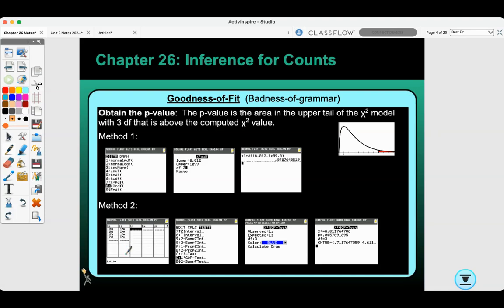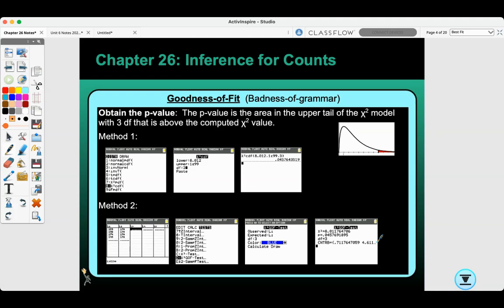Another method is, in list 1, you put your observed values. In list 2, you put your expected values. You can go to stat and choose tests and do the chi-squared goodness of fit test. Your observed values are in list 1, our expected values are in list 2, and we put our degrees of freedom, which is 3. This gives you your chi-squared statistic, your p-value, and your degrees of freedom. This last part you can ignore.